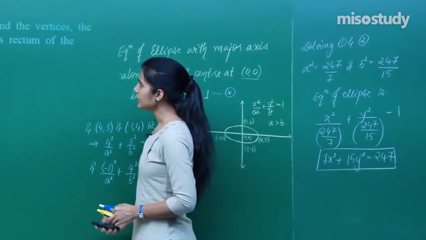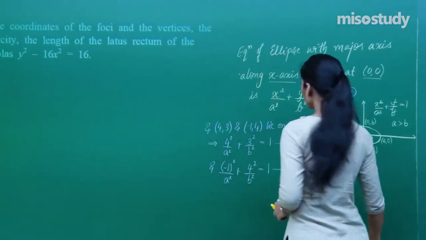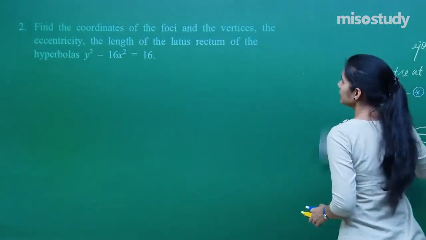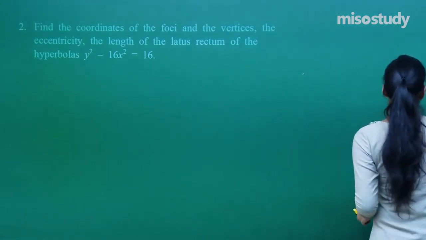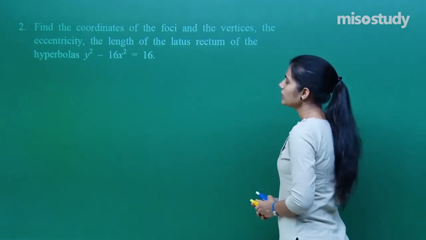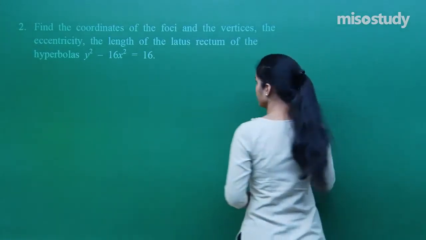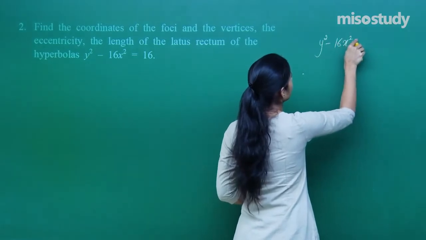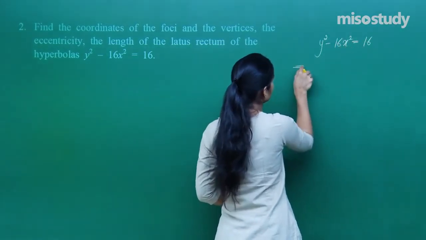Next question says find the coordinates of the foci, vertices, eccentricity and also find the length of the latus rectum of the hyperbola y square minus 16x square equals 16. I can divide throughout by 16.